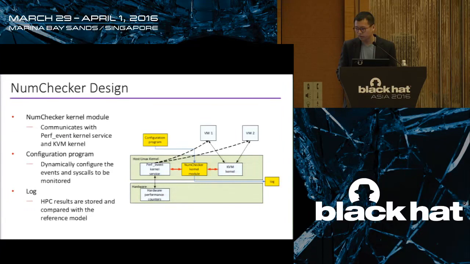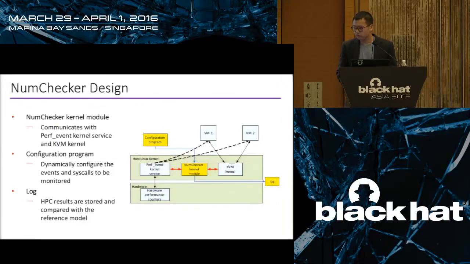The second module that we add is a configuration program that runs in user space. Because there is a limited number of counters on the CPU but so many events to count, and if you count the number of syscall combinations along with the events you want to count, there will be a huge number, we developed a configuration program. You can turn on which syscall and event combination you want to count.